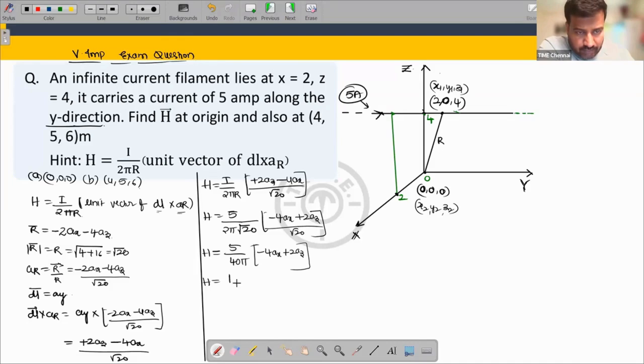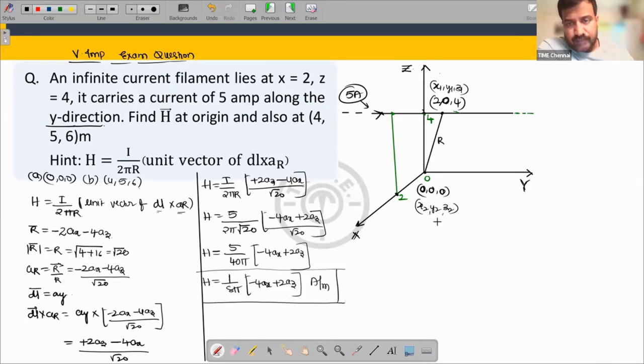Finally, the value of h is 1 by 8 pi, minus 4ax plus 2az. This is h at origin. First bit.